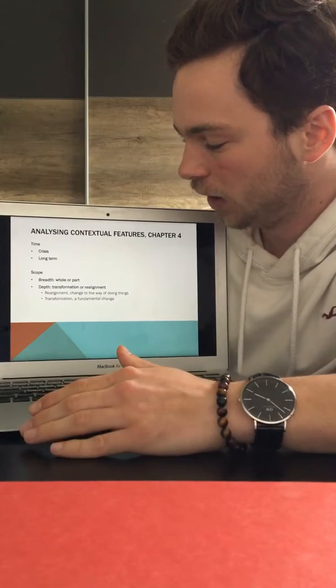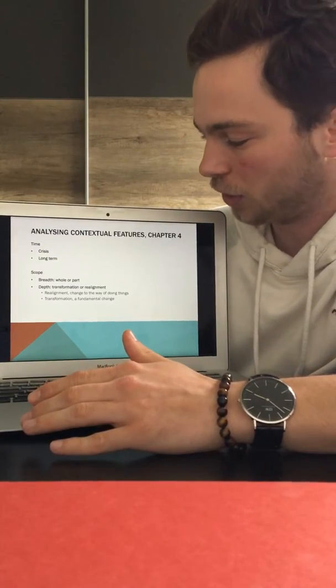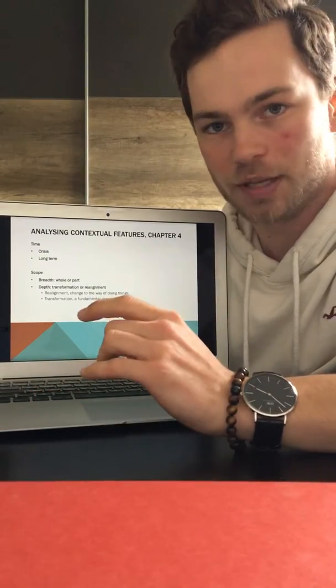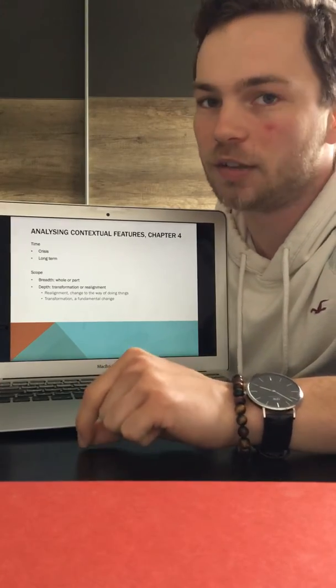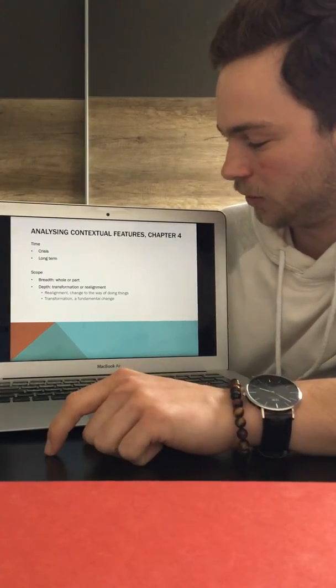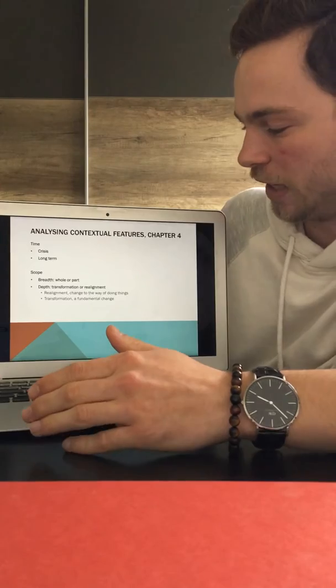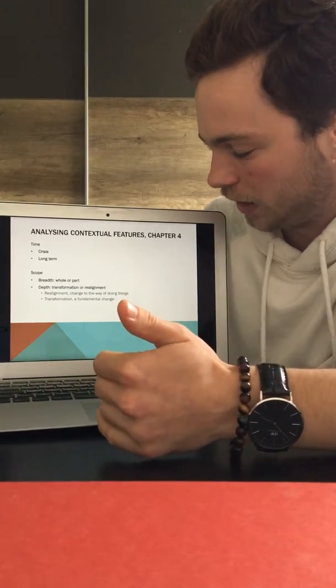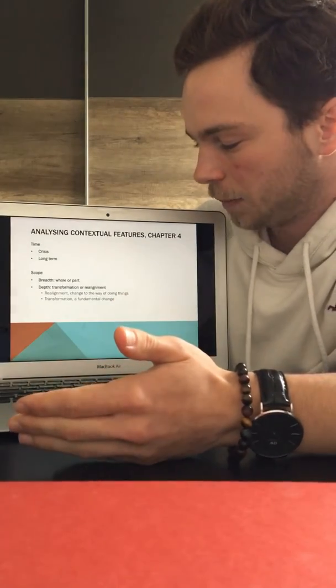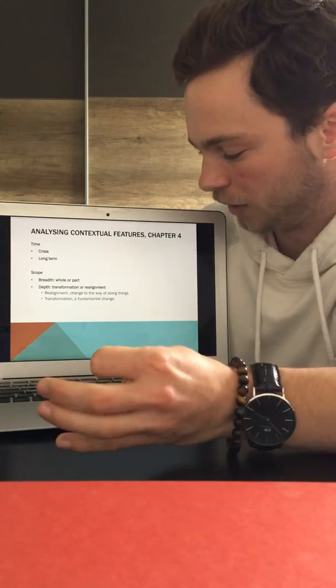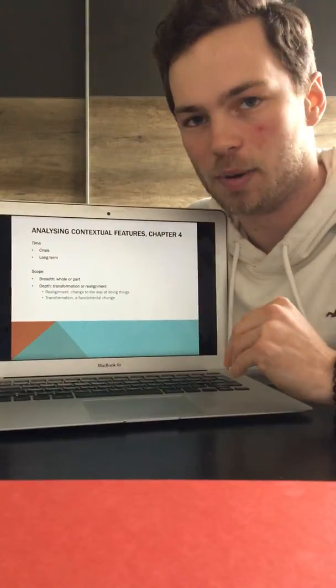This is the breadth. And then you also have the depth. So is it transformation of that department or that organization, or realignment? Realignment being a change in the way of doing things, and transformation being a fundamental change. So these things all go back to chapter 2.